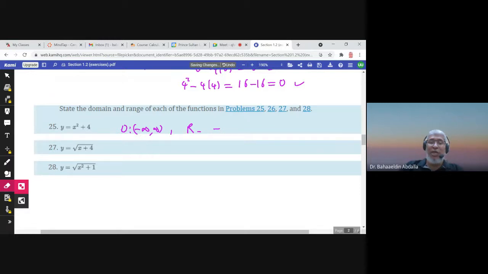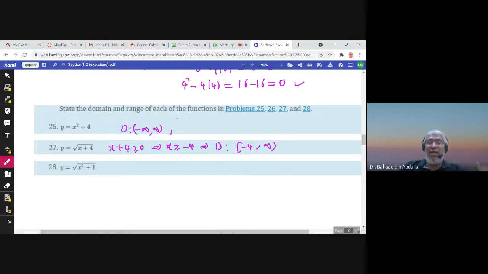So the range here is not from negative infinity to infinity. Well, we have a rule or a formula to find the domain always. As we mentioned, if you have a square root, x plus 4 should be greater than or equal to 0. So x should be greater than or equal to negative 4. So the domain is from negative 4 to infinity.